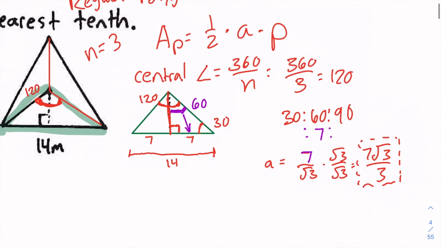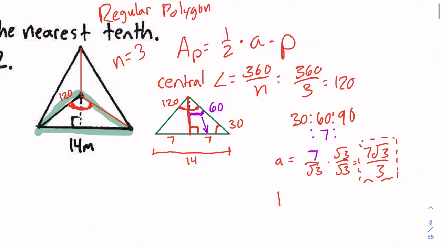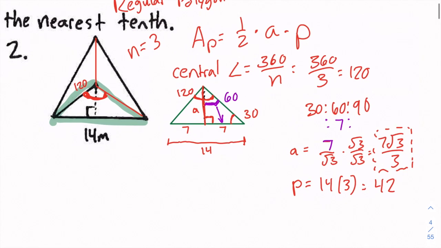Now once you have that, you actually have your perimeter, which is 14 times 3 sides, which will get you 42. And that's really all you need, right? So your answer is 1/2 the apothem, which is 7 radical 3 over 3, times your perimeter, which is 42.